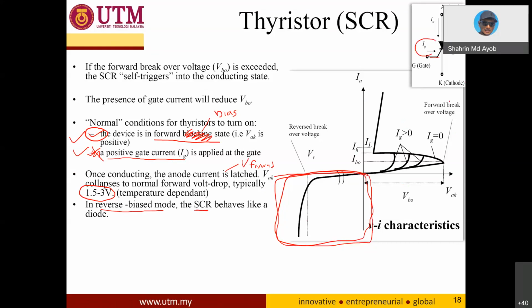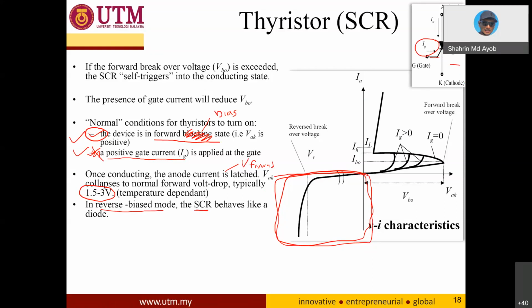The IG signal you can delay. Even though it is forward biased, it will remain off until you give the triggering signal. So we can control the timing when this device should turn on by delaying this signal.